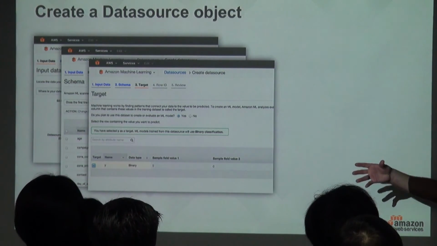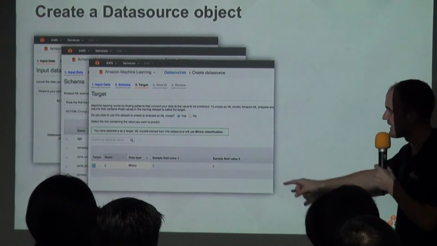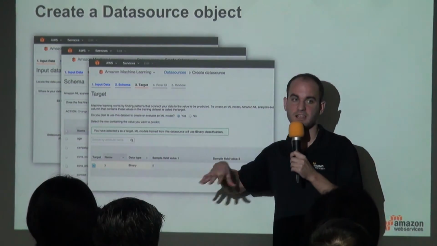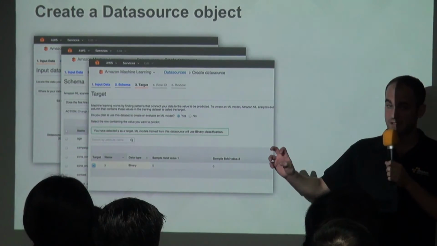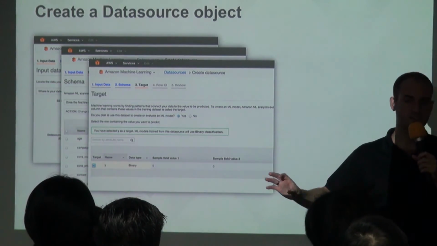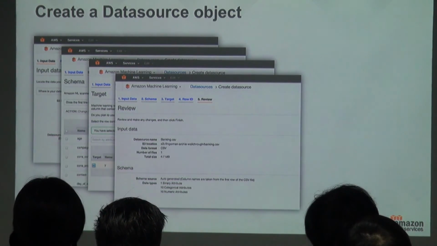And then later, the outcome is what we want to have predicted. So here we select that target variable, where we say our data set with which we train has the target variable and we know the answer. And this is what you should later predict after creating the model. Then we review it, and that's it.